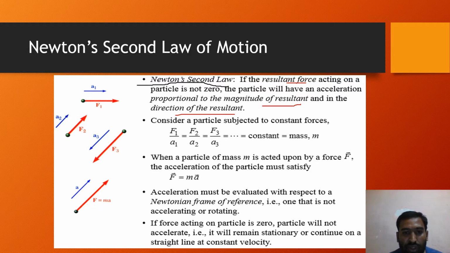Okay, in the coming point, consider a particle subject to a constant force. The force is in this direction, the acceleration is in the same direction, and if the mass is always constant, F1 over a1 is equal to F2 over a2 and F3 over a3, the same constant, and this constant is the mass.